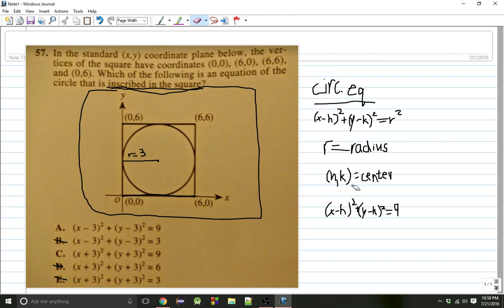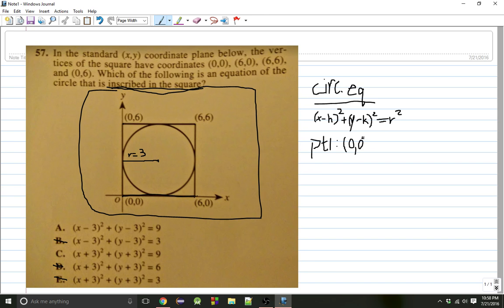Let me just clean this up. Okay, so we've got those 2 points.